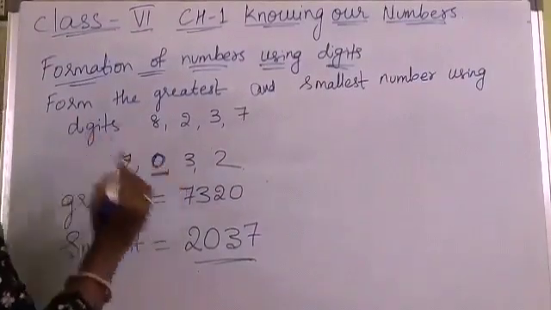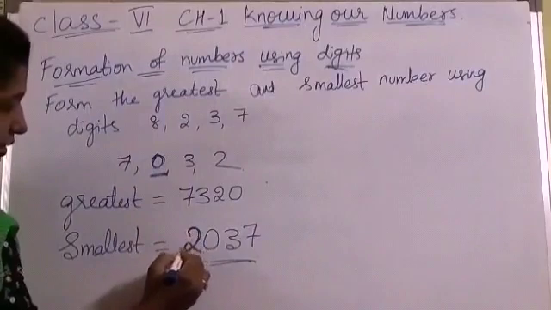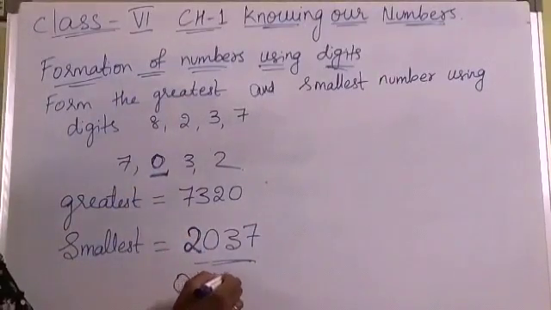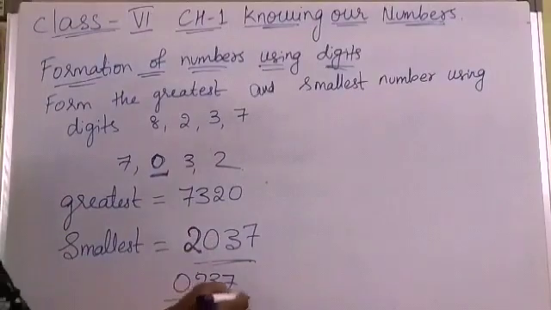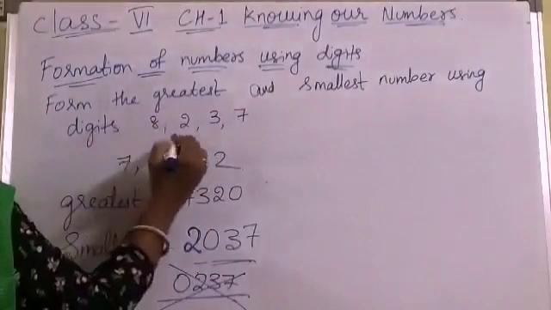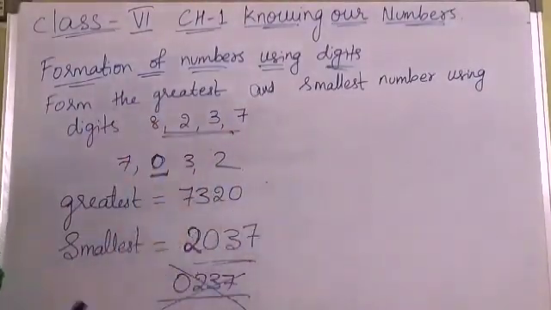When 0 is there, you should not write 0 in the leftmost place. Because if you write 0, 2, 3, 7, it will become only 237. Here they are asking you to write a 4-digit number. So here 2037 is the answer. Clear?